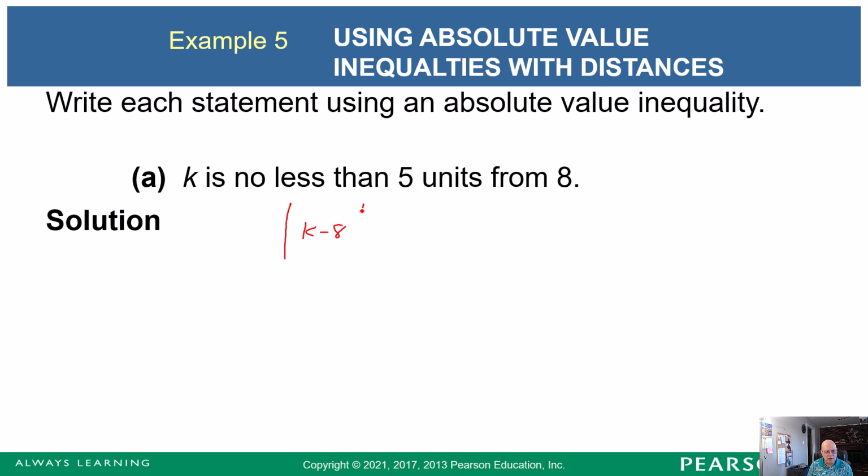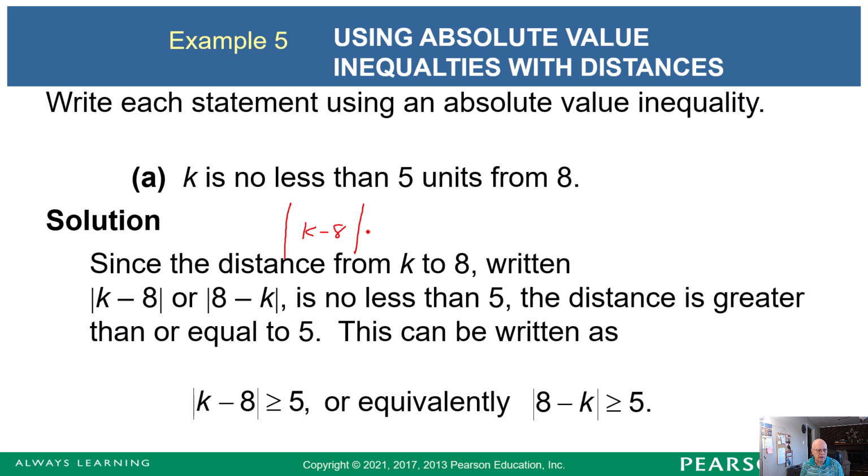But remember, it's always positive, and it says no less than 5 units. No less. Here's your K minus 8. And if you accidentally put it backwards, it doesn't make any difference because the absolute value is going to change it to positive anyway. So here's your equation.